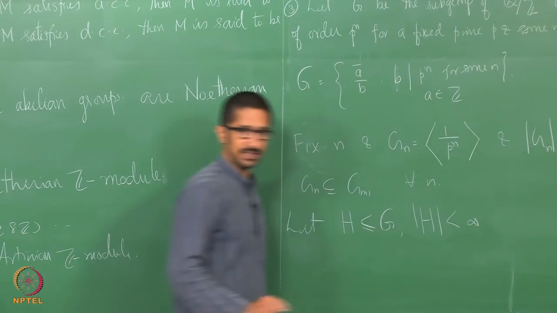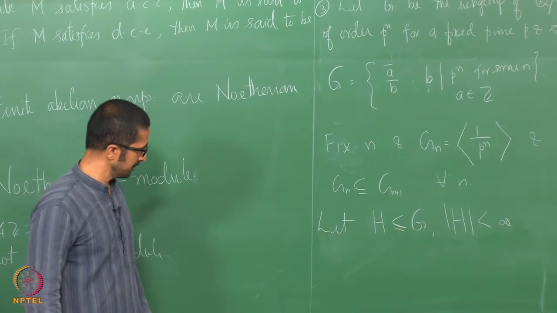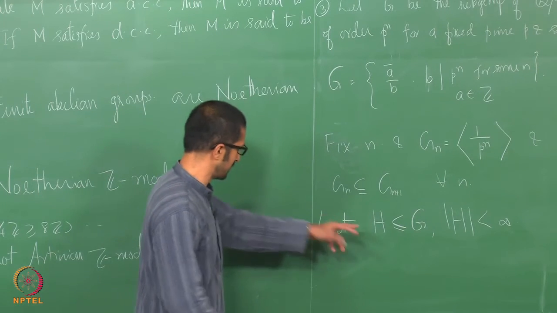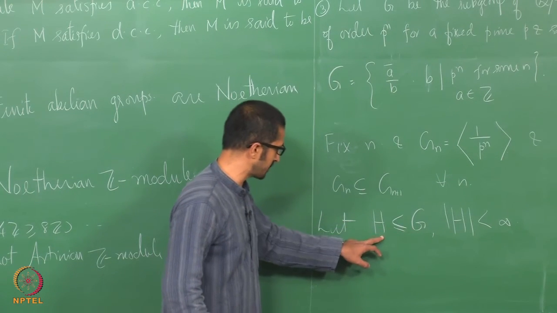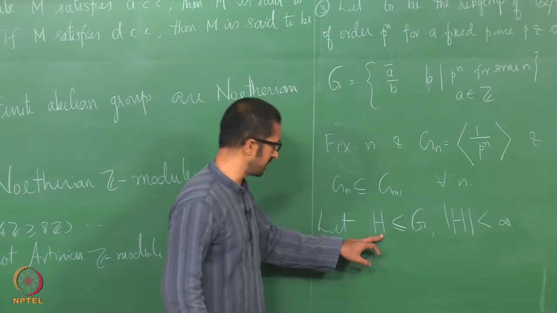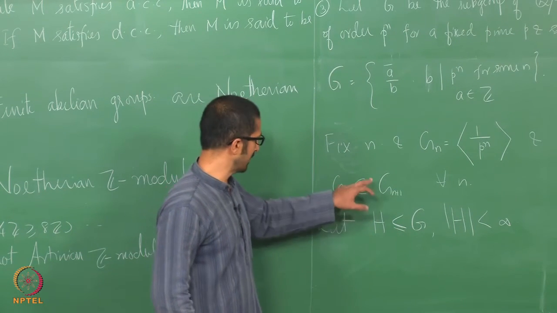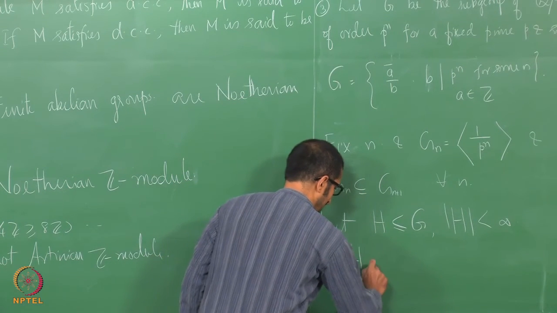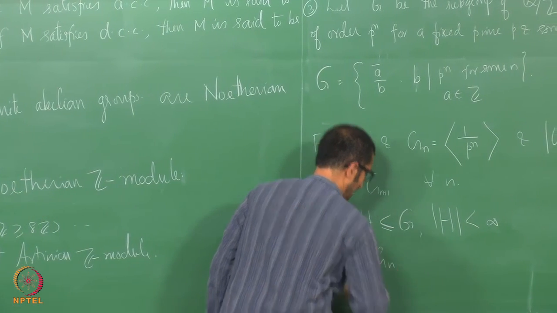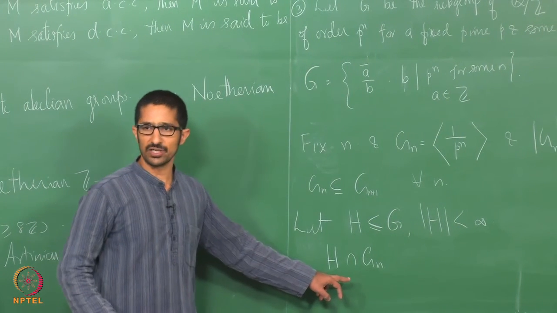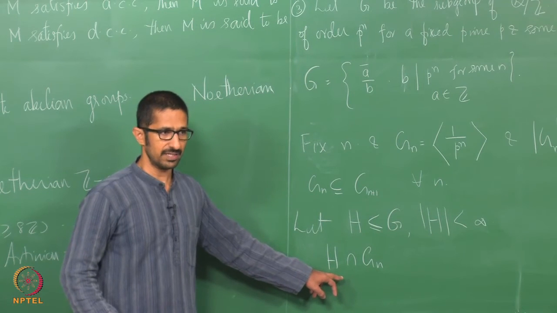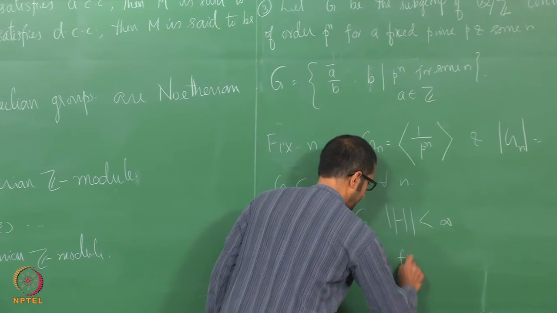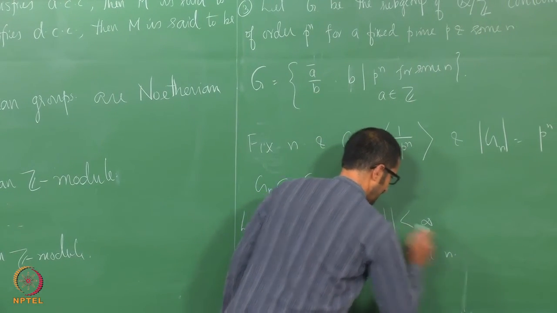If it's a finite subgroup, I am saying that H has to be, okay, so this means every element of G will be in one of those G n's. So that means H intersected with G n is non-empty for some n.